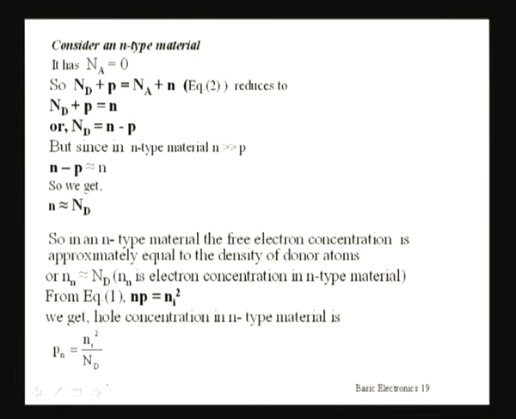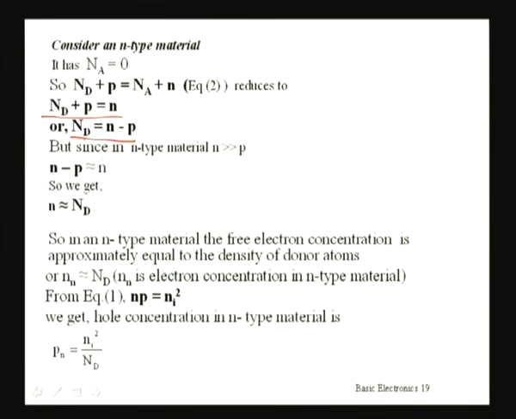Now consider a solely n-type material, because we can dope by either n-type or p-type impurity. In an n-type material, Na will obviously be 0. Then equation 2 boils down to Nd plus p is equal to n, or Nd is equal to n minus p. As it is an n-type material, the concentration of electrons is much more than the concentration of holes, so n minus p is roughly equal to n.